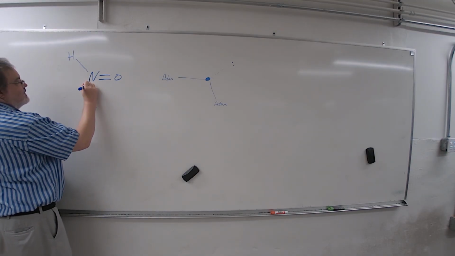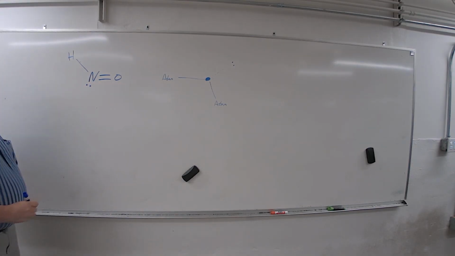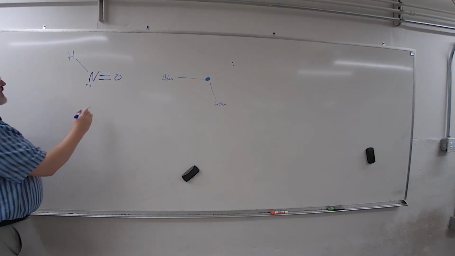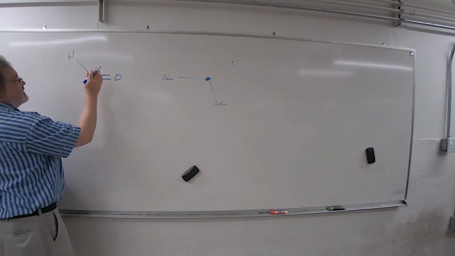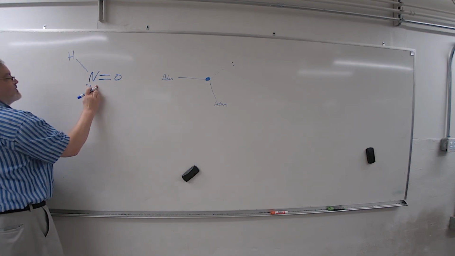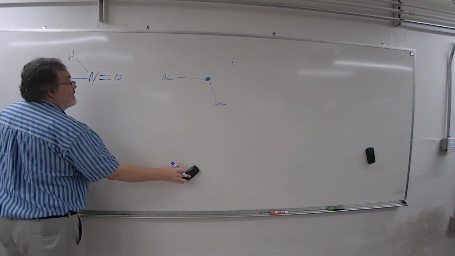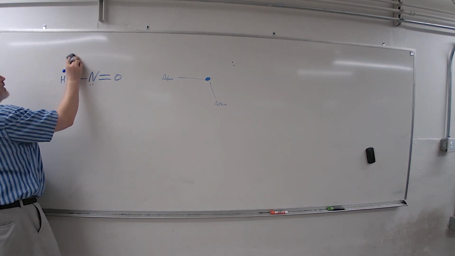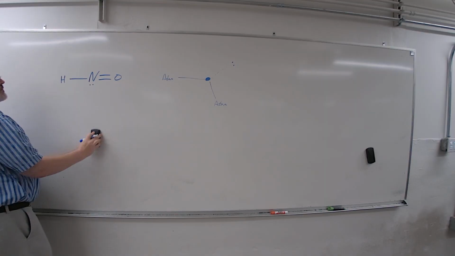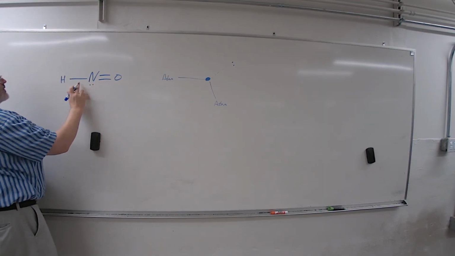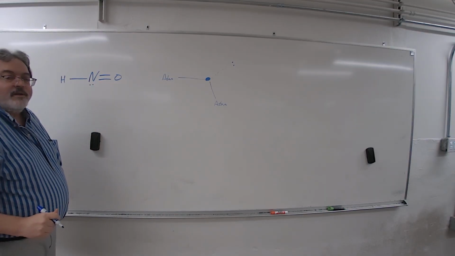Okay, yeah, so it's 1, 2, 3. This counts as one electron domain, so now it's three things around it. You might see it drawn like this, though. And you still should recognize there's three things around it. 1, 2, 3. You see what I mean?